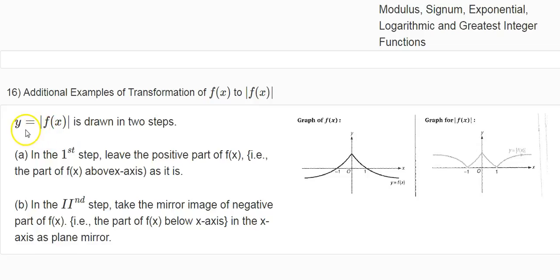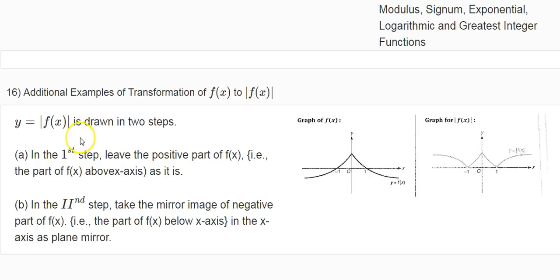Now have a look at this function. In this case, when we are taking modulus of f(x), can y be negative? No. So y has to be always positive. Therefore we have to ignore all the values which are below the x-axis. So we are left with only this portion of the graph which is shown here.